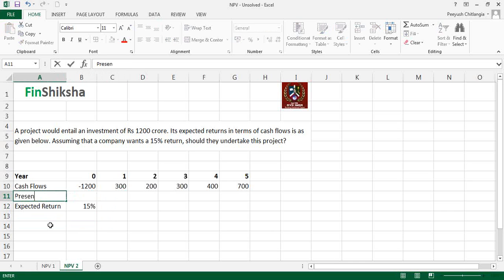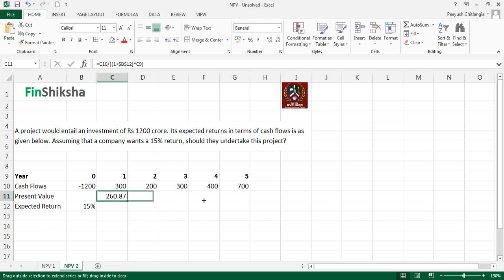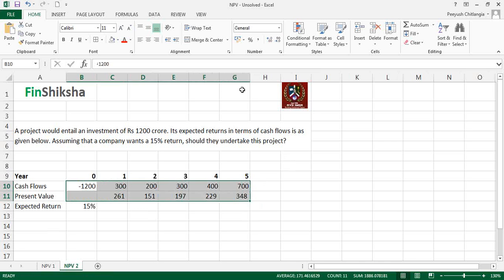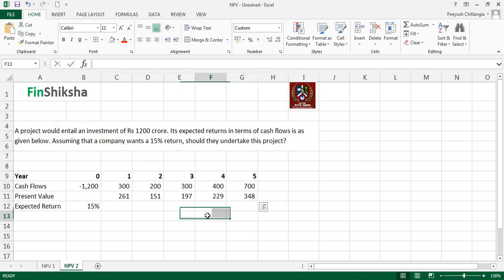So present value of the cash flows, remember, 300 divided by 1 plus 15%. 15% is to be frozen, raised to the power 1, and you drag it on the right hand side. That's the present value of all these investments put in. Let's format all of them.